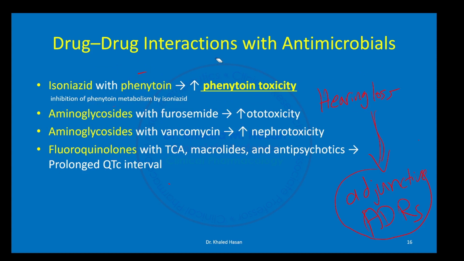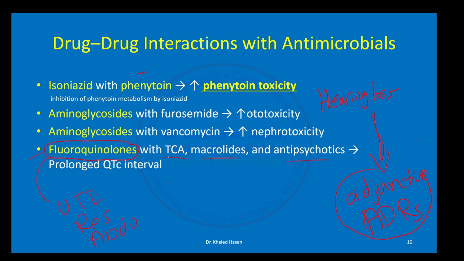Okay. Moving to the fluoroquinolones and tricyclic antidepressant, macrolide, antipsychotic. So fluoroquinolones are medications used for UTI, urinary tract infections, and could be used for respiratory infection or abdominal infections.